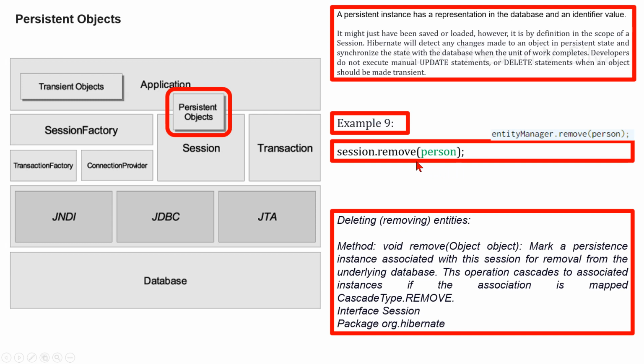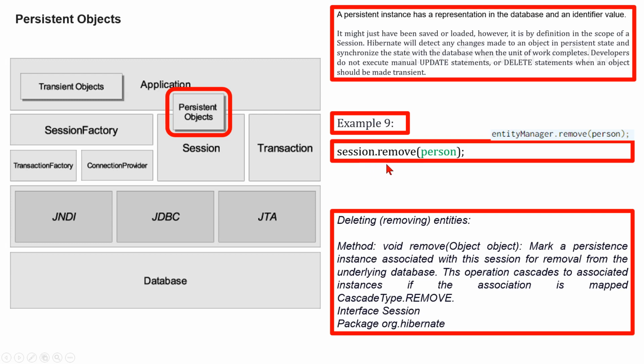The method void remove(Object) marks a persistent instance associated with this session for removal from the underlying database. This operation cascades to associated instances if the association is mapped with CascadeType.REMOVE. This is in the interface Session, which is in the package org.hibernate.